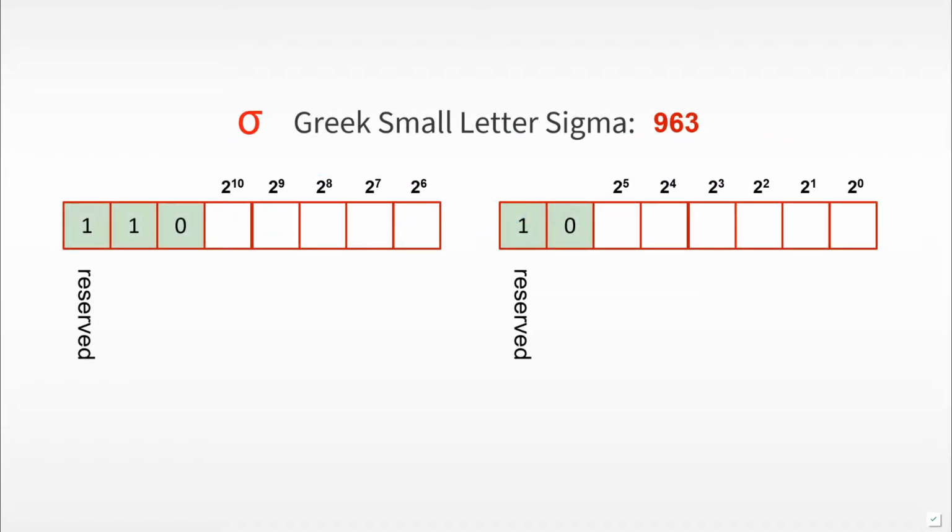So the Greek small letter sigma, in terms of a decimal number in the Unicode standard, is represented by the number 963. So how can we represent 963 using 2 bytes of data? As we previously discussed, both of these 2 bytes of data would have some bits right in the beginning of them, which are telling us that we are dealing with 2 linked bytes of data.